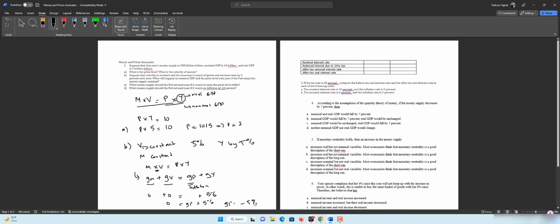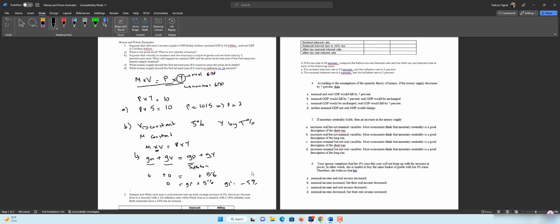So as you see here, the growth rate in prices, GP, should be negative 5%. If it's negative 5%, which is deflation, plus 5%, then this sum, following the quantity theory equation, is going to be 0.